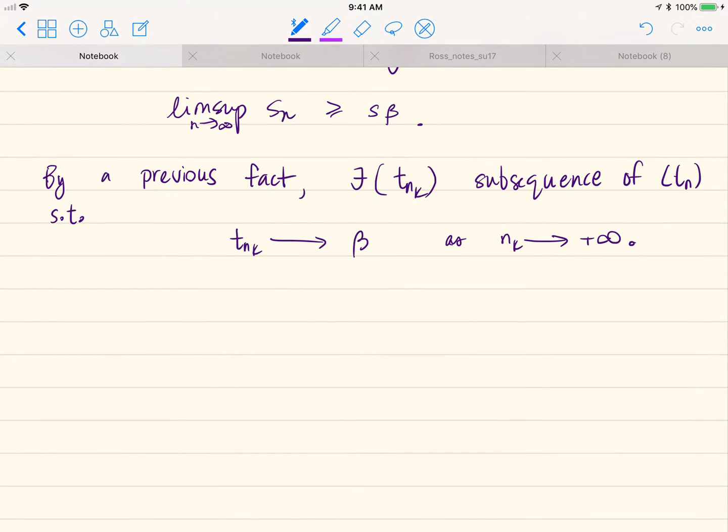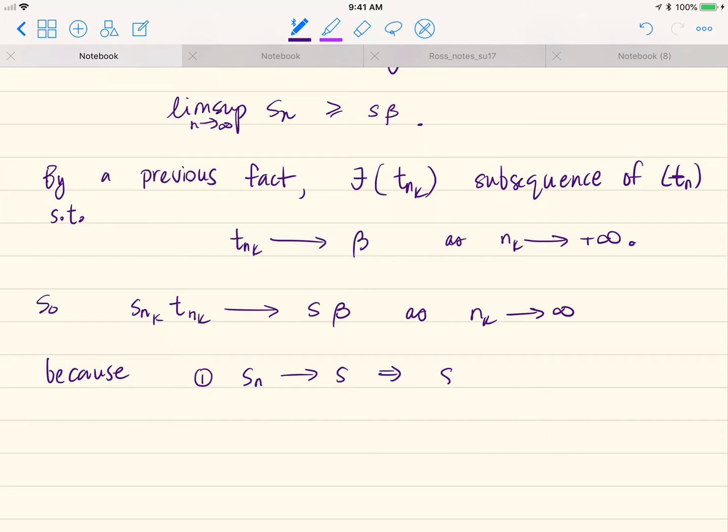Now we're in a situation where S sub n_k times T sub n_k has to converge to S times beta as n_k goes to infinity, because we did two things here. Number one, Sn converging to S implies S sub n_k converges to S, because any subsequence converges to the same limit as the parent sequence.